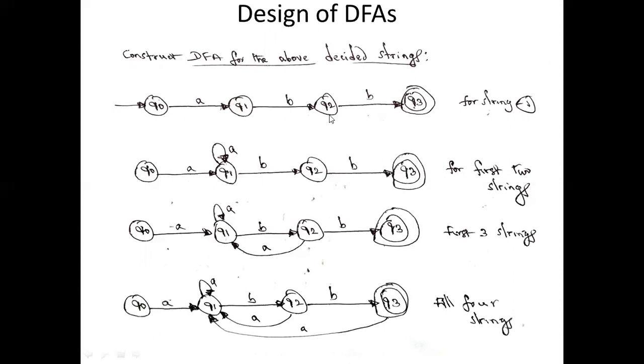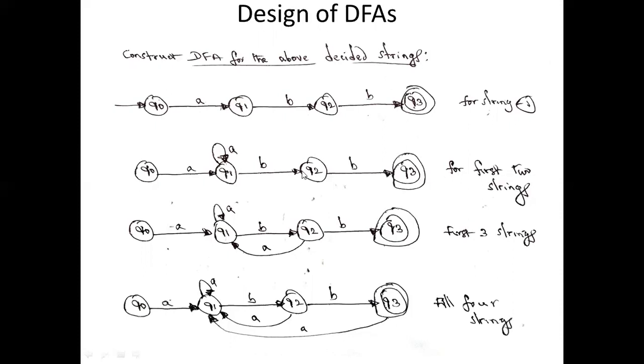Next one is AABB. But the condition is that you utilize all the existing paths only. The existing path is ABB, but in between, one A is extra now. Then if you take a self loop here on A, we utilize BB. You can use this A any number of times, but finally the last A is followed by 2 Bs.